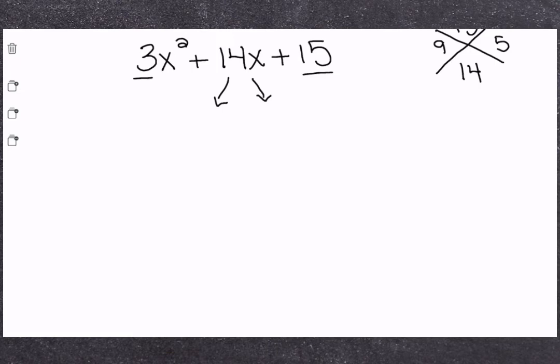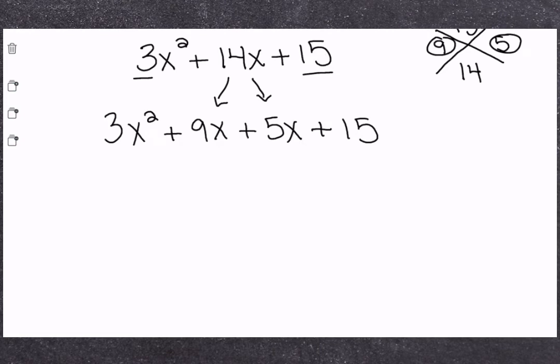So I'm going to rewrite my problem. Instead of using 14x, I'm going to use 9x plus 5x. Those were the 2 numbers that I found. And then plus 15. So I split up the middle part, and now I have 4 terms. So 4 terms automatically means factor by grouping. So I'm going to look at the first 2 terms and take out a GCF.